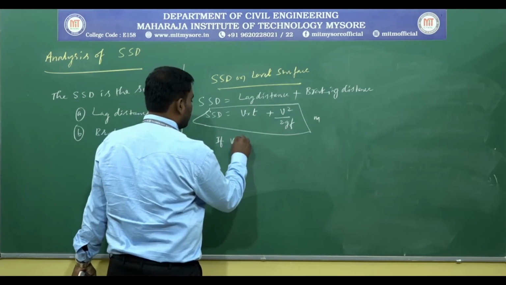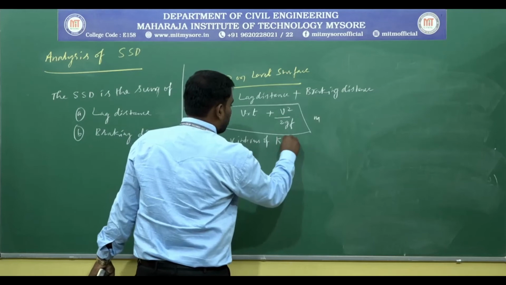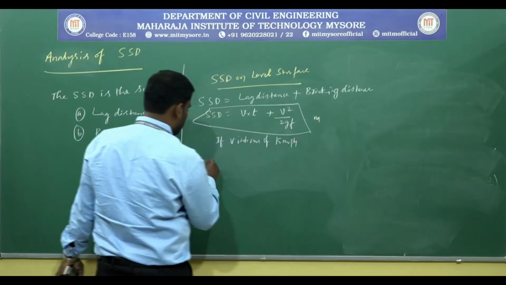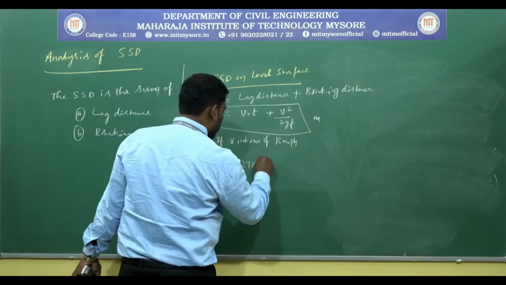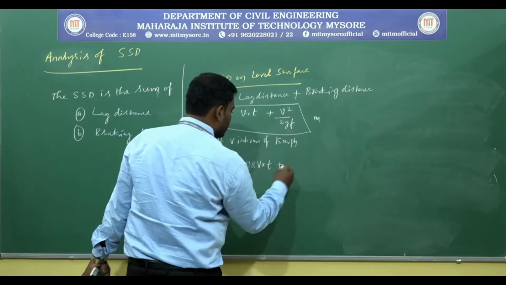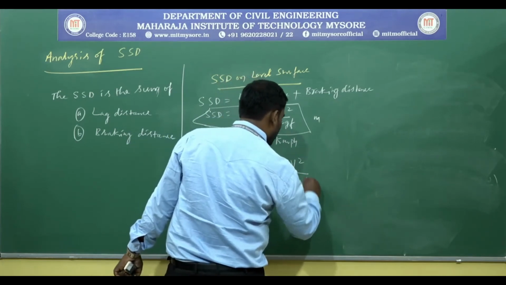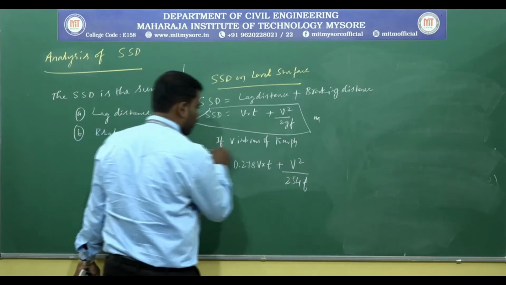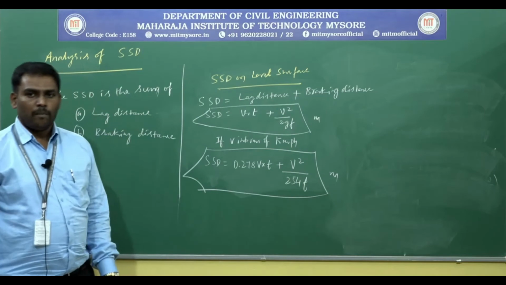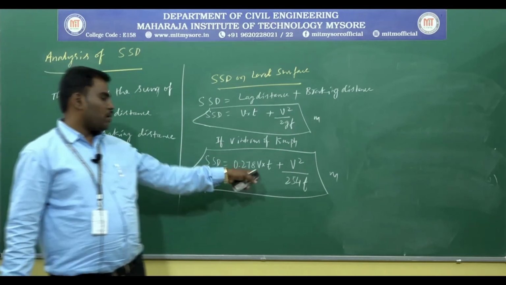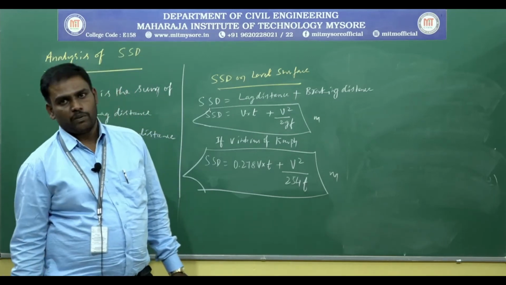If V is in terms of kilometer per hour, then stopping sight distance is equal to 0.278 Vt plus V square divided by 254 F. In this also the answer we get is in terms of meter, but we have to substitute here the value of V in terms of kilometer per hour.